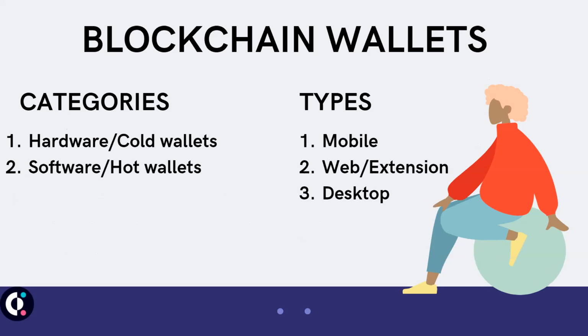All right. Categories of blockchain wallets. I'll try my best to be very short with this one because I actually have a lot to talk about. Okay, let's start with the software wallets, which can also be known as hot wallets.